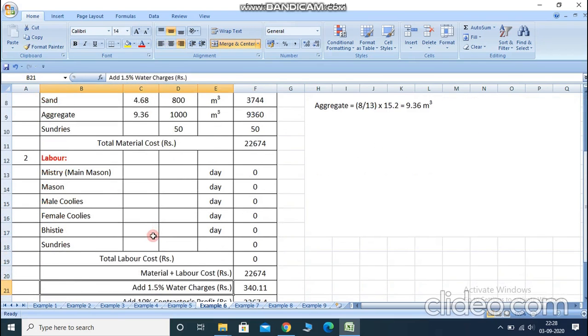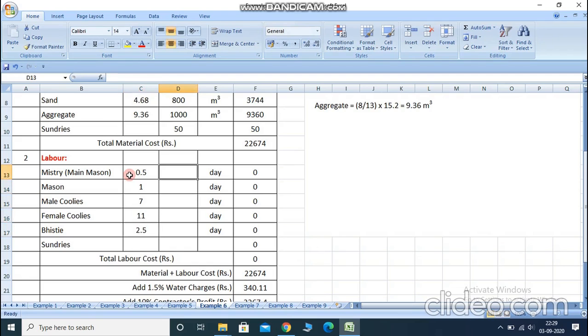Now for the labor required to complete the task, the Mistri or head mason required is half, meaning half a day. Then the mason required is 1. Then male coolie required is 7 for completing the 10 meter cube concrete work. Then female coolie required is 11, and Bisti is required 2.5.